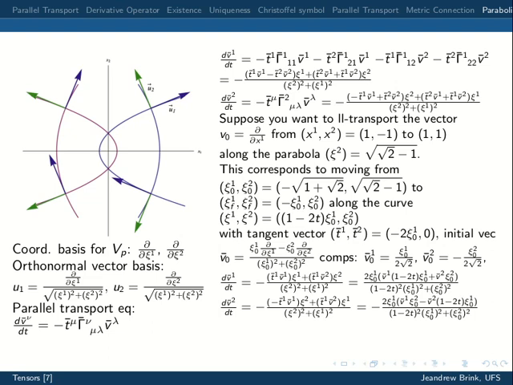You can either solve these equations, or you can know that parallel transport doesn't depend on your coordinate system. Okay, so this coordinate system has made the fact that you are moving from here to here along a parabola look exquisitely complicated.